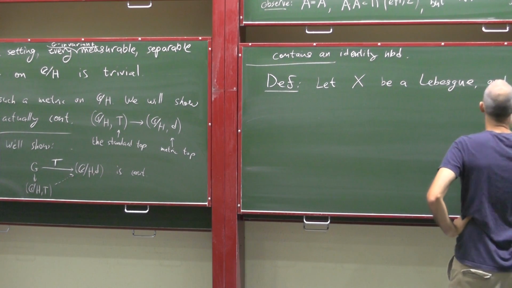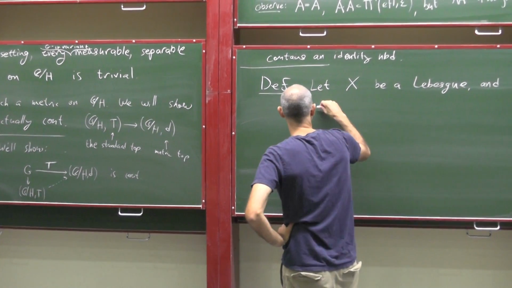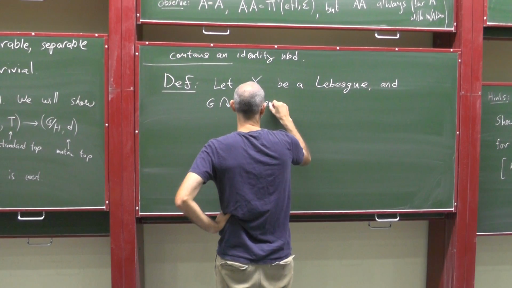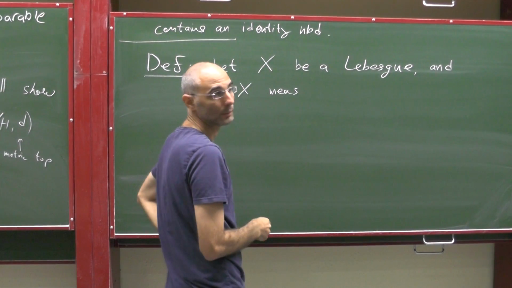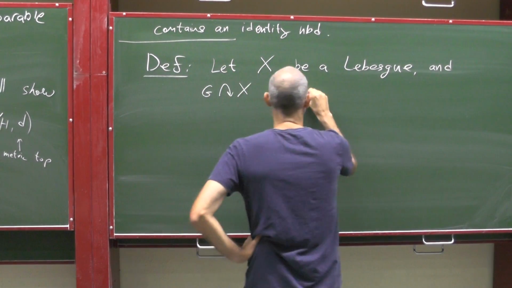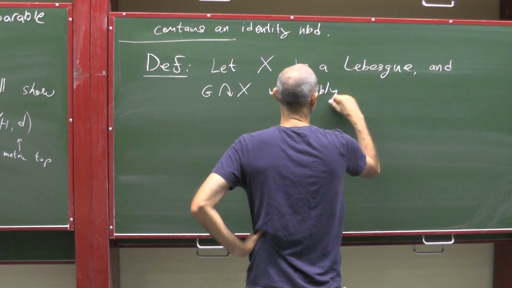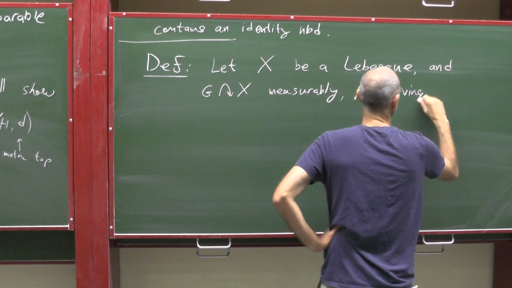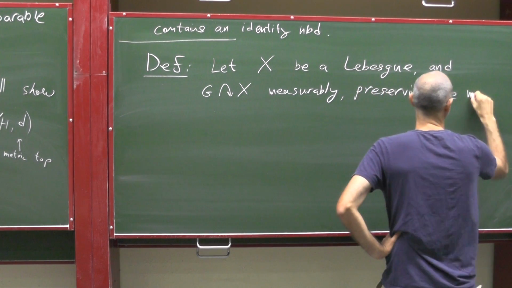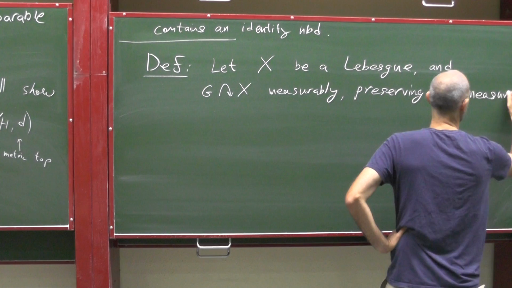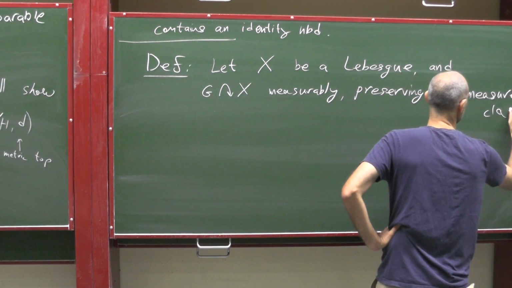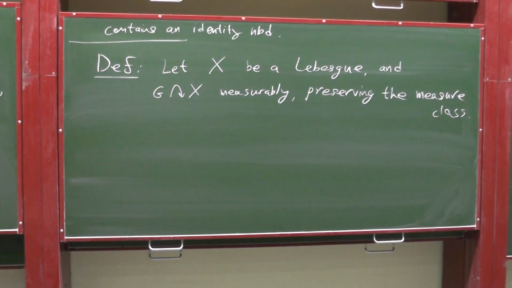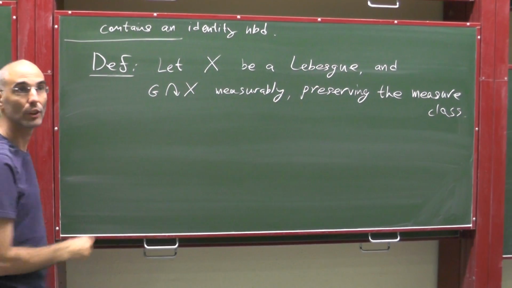And assume G acts on X by automorphisms of the Lebesgue space, measurably preserving the measure class. As we have for G mod H and the Haar measure class.